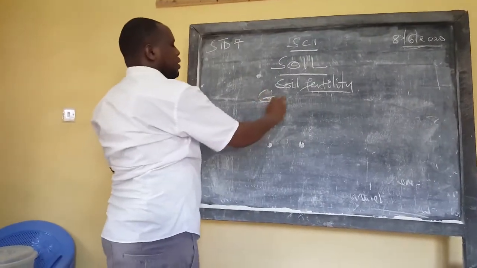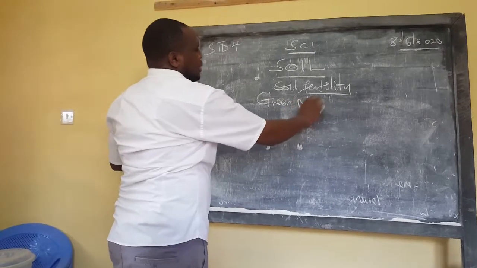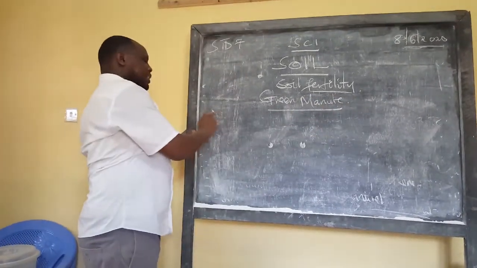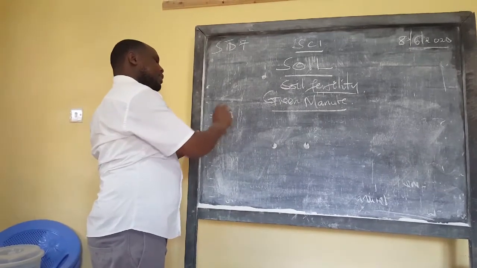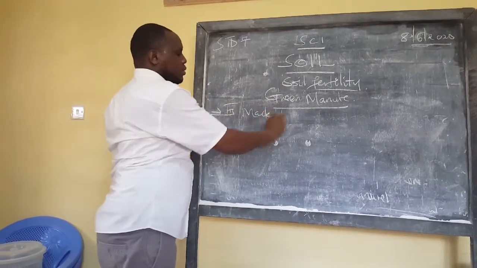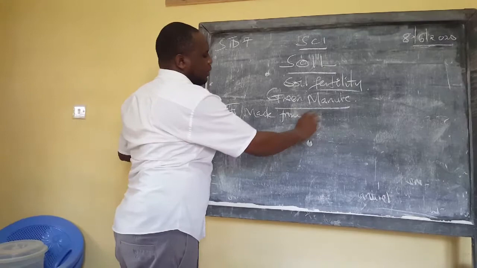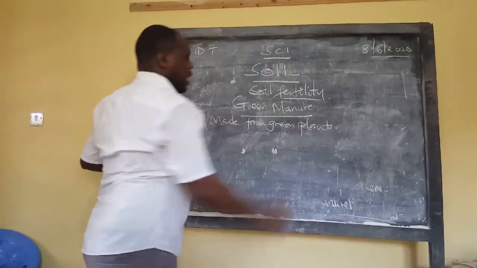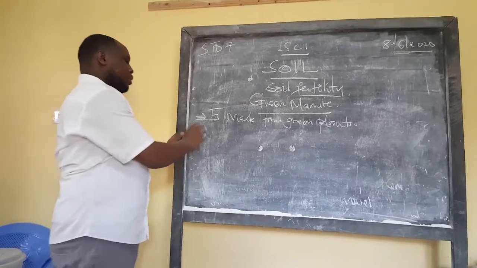So let's begin with green manure as a type of natural fertilizer. Green manure, as the name suggests, is made from green plants. And the method of preparation is very simple.